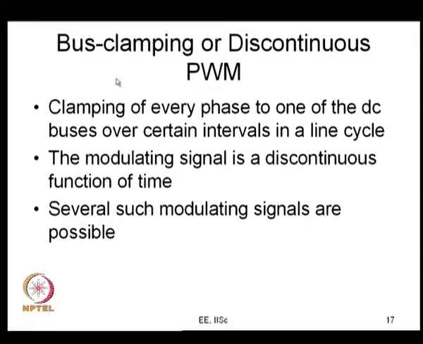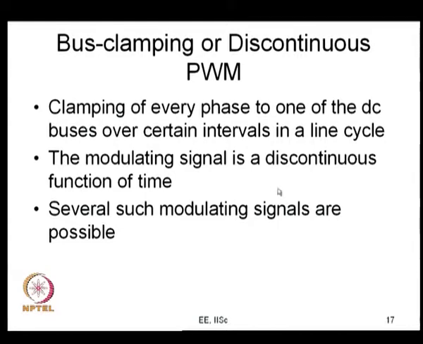When you have bus clamping or discontinuous PWM, it usually clamps every phase to one of the DC buses over certain intervals in the line cycle, usually a 60-degree duration. You will find a phase clamped to the positive DC bus for 60 degrees, and you will find the same phase clamped to the negative DC bus for another 60-degree duration.